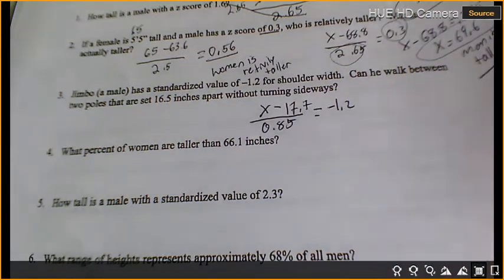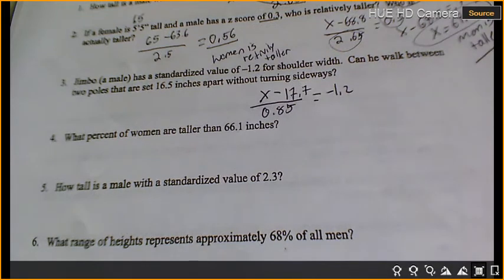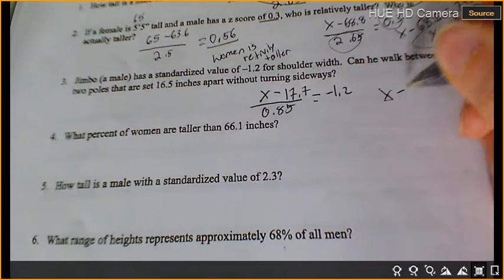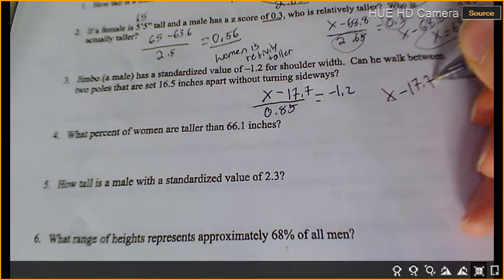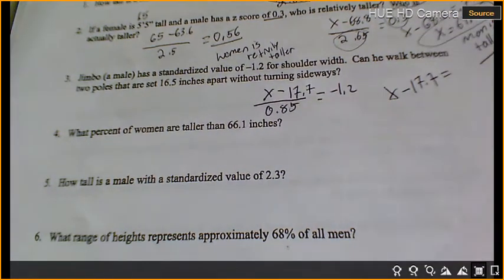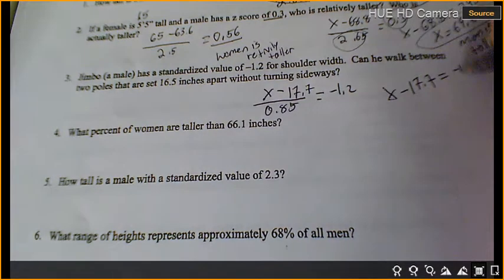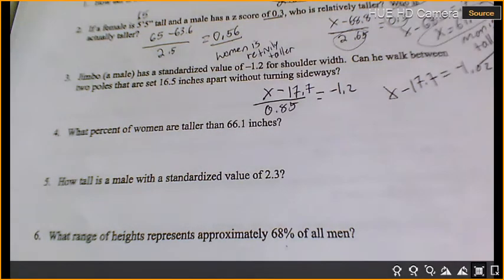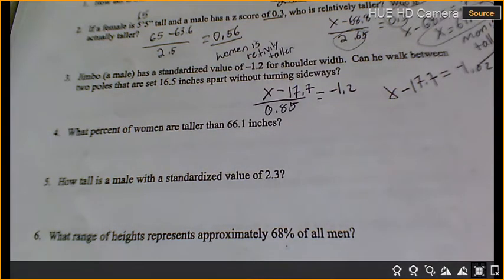Okay, so we're going to solve for that. What do we do first? Times 0.85. Yes, so we get x minus 17.7 equals negative 1.2 times 0.85, which gives me negative 1.02. And then I'm going to add 17.7 to it.